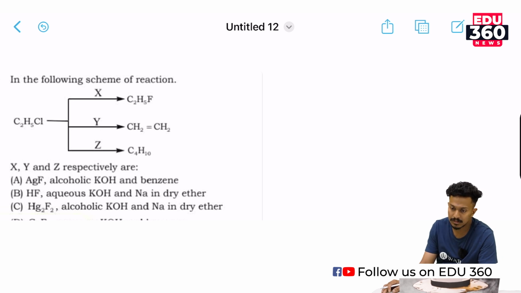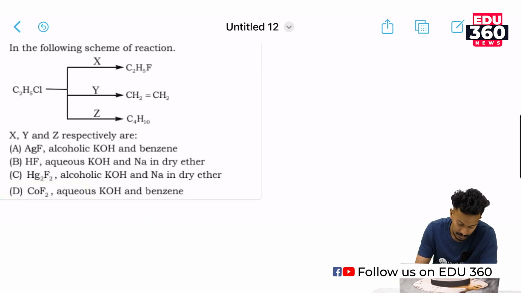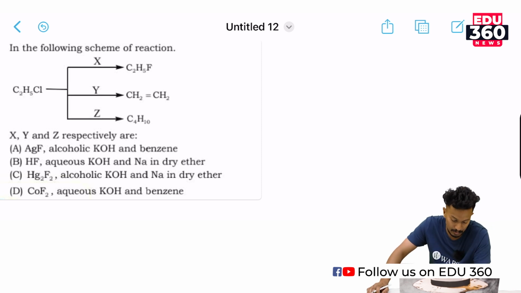So what would X, Y, and Z be? What could we explain with this?